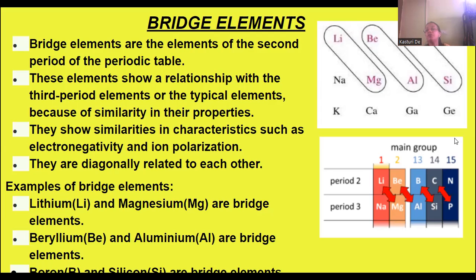You can see from the pictures: lithium has similar characteristics with magnesium, beryllium with aluminium, boron with silicon, carbon with phosphorus. These pairs are bridge elements with their typical element counterparts.